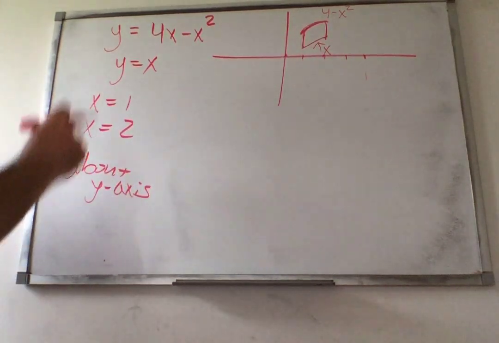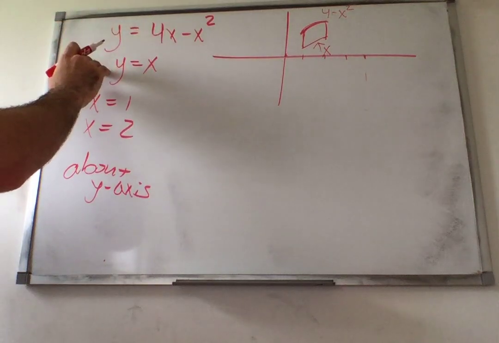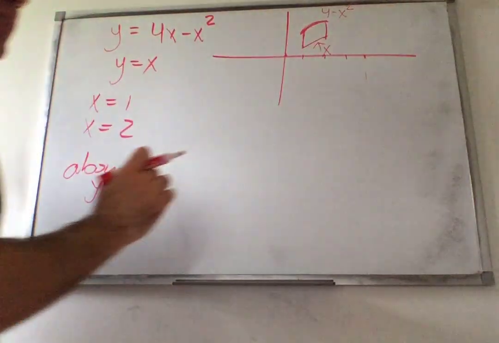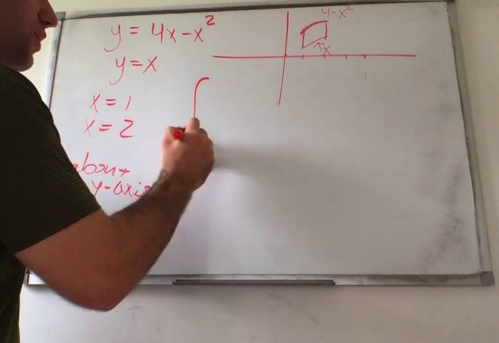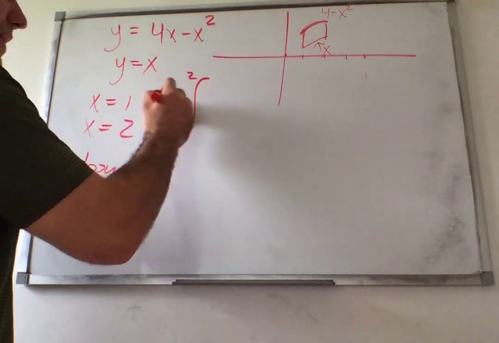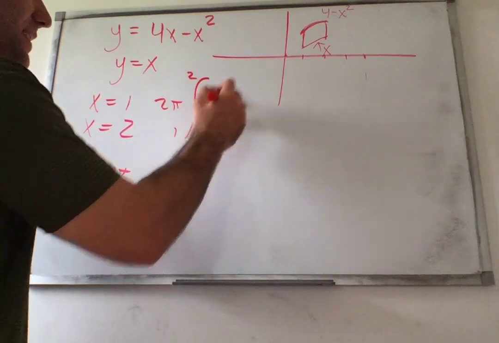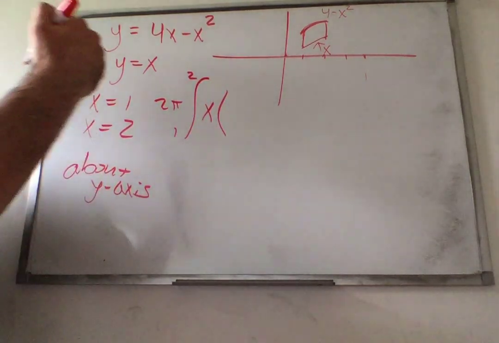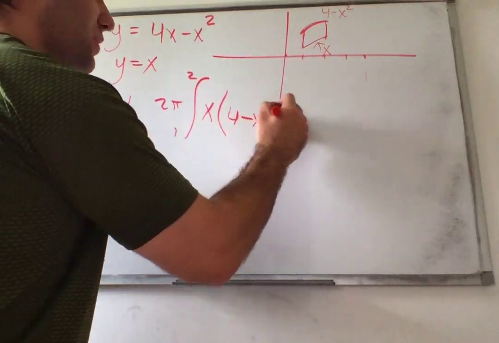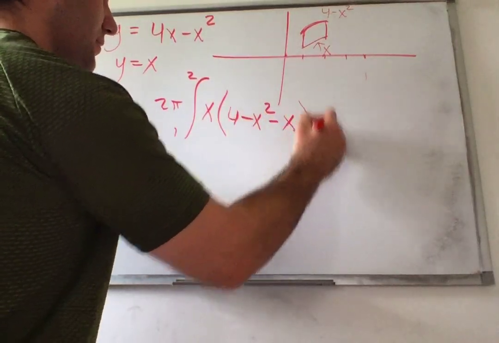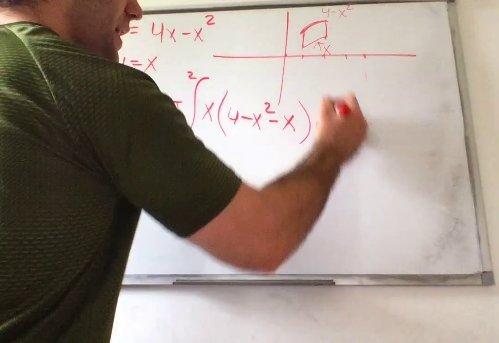And to do this, when you have a function here, this is only going to affect the height. So you do the upper minus the lower. So this is going to be the integral from 1 to 2. We've got the 2 pi out front, x times the upper height minus the lower height: 4 minus x squared minus x dx.